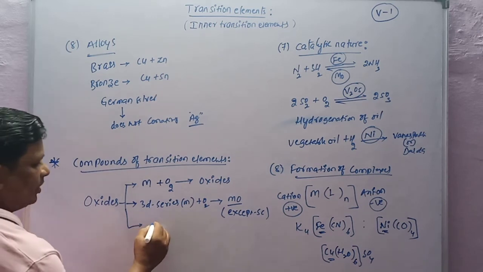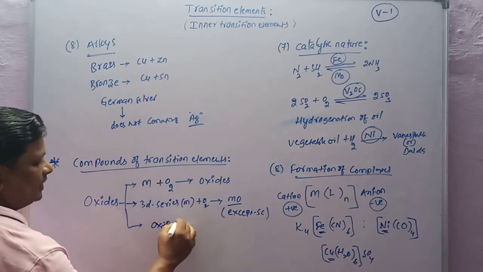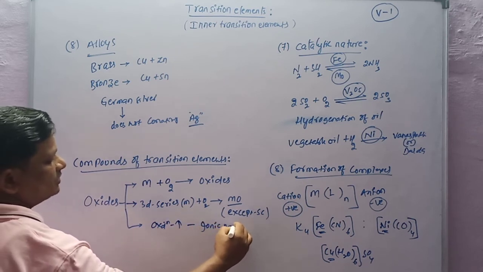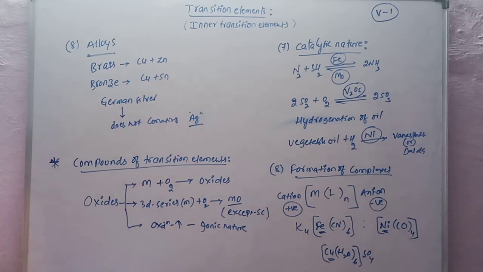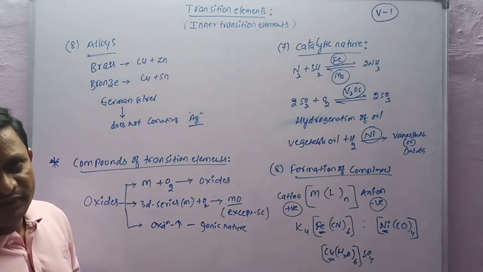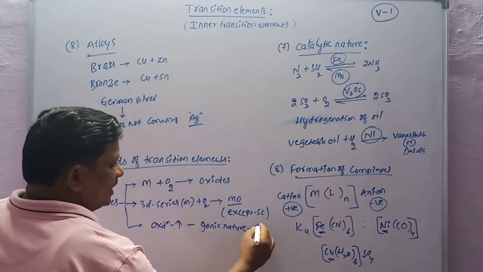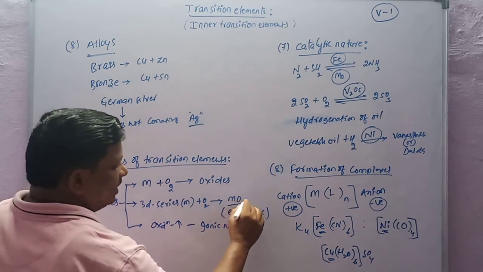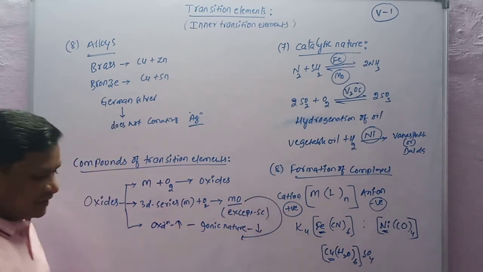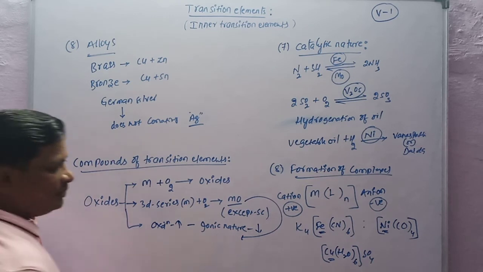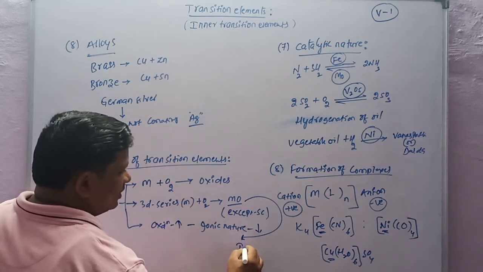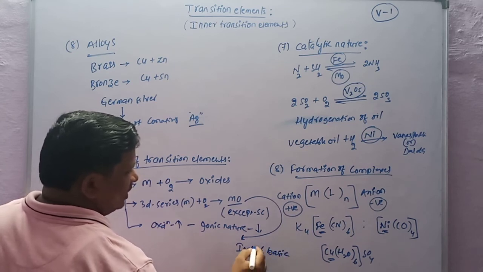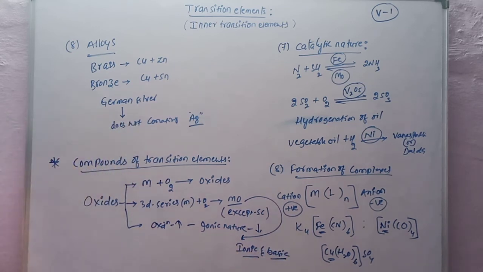Generally, if the oxidation number of the metal in the oxides increases, ionic nature decreases. So the obtained MO type oxides are ionic and basic in nature.